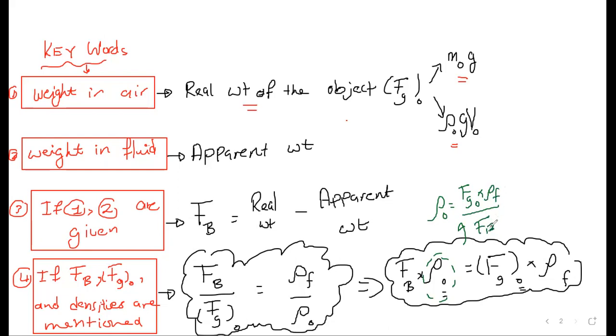So all I'll do is divide over FB. If I want to find, for example, rho F, I'll write the other hand side as it is, FB times rho O, and I'll divide over rho F, and so on.